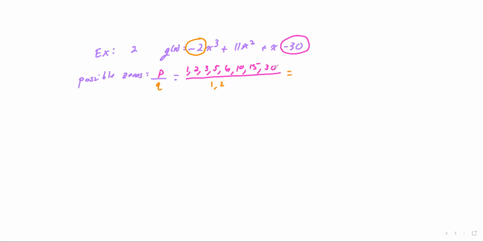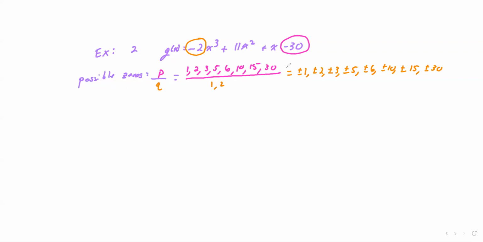We're going to take all these numbers and divide by 1, and obviously it'll be all those numbers: plus or minus 1, 2, 3, 5, 6, 10, 15, 30.